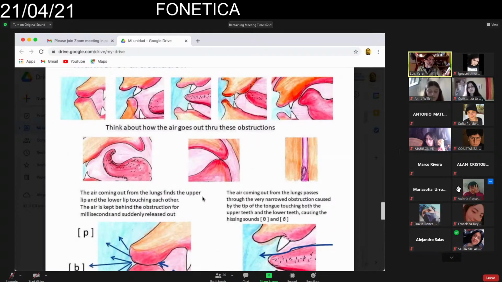And the two final ones are the famous glides. Do you remember what the glides are? The glides are the yod and the vau because they have a name.